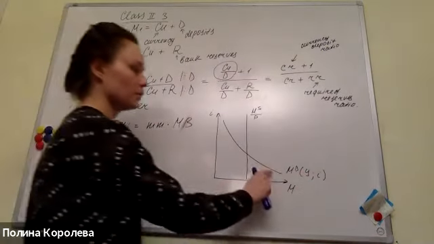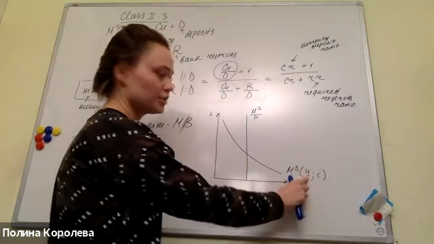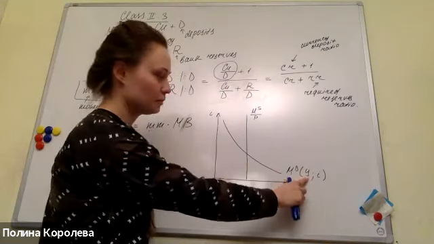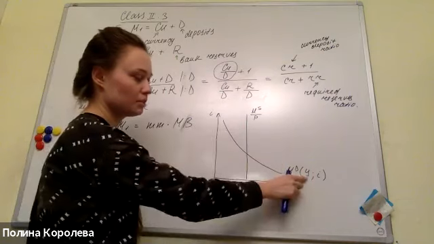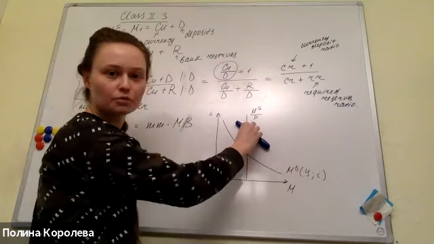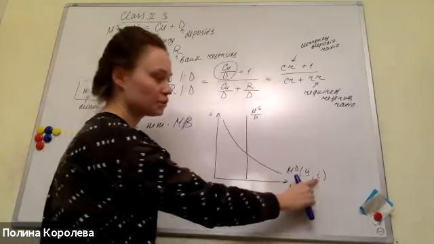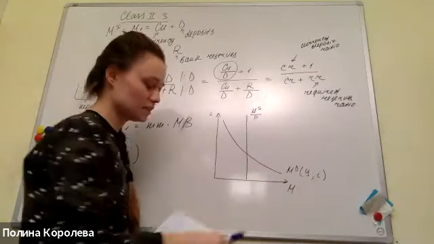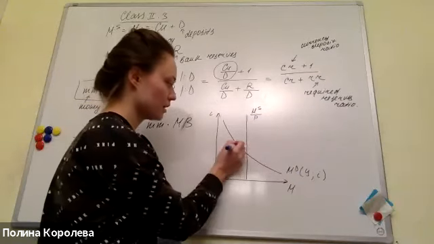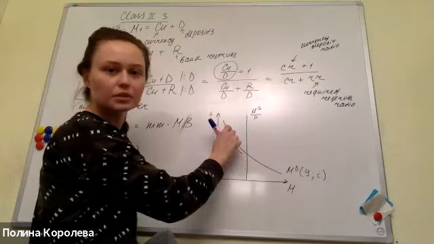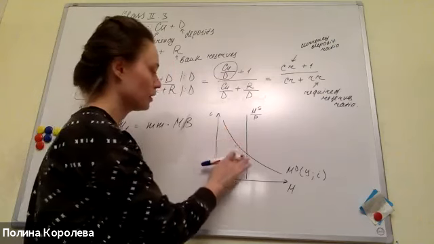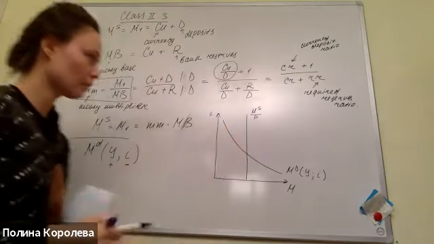And you see that if GDP increases, this is a shift of money demand. But if interest rate increases, this is not a shift, but we move along the money demand curve. Good.